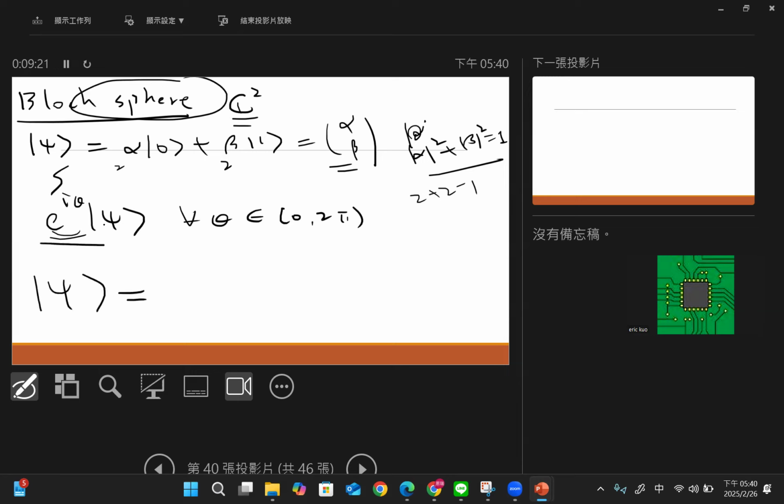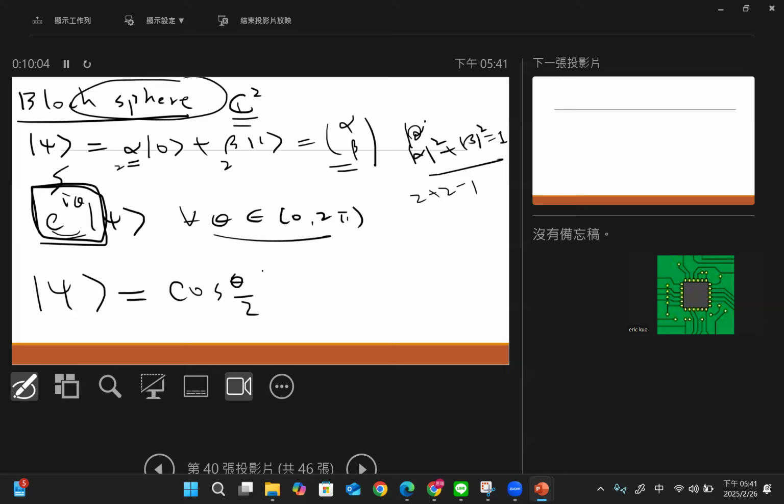I can use this phase to make the first coefficient, in front of the ket 0, real. Because if alpha is complex, I can just find the theta such that it absorbs the complex part of alpha. Not only that, I can make alpha greater than or equal to 0. Because if alpha is minus 1, then I just choose theta to be pi. So I can always make alpha greater than or equal to 0 by choosing the appropriate phase. So I can write alpha as cosine theta divided by 2.